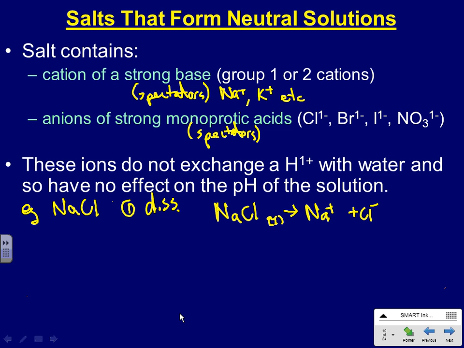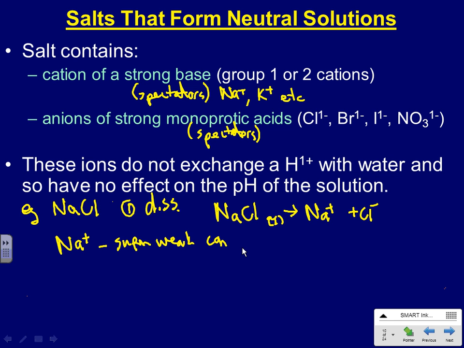Dissociation is completely different than hydrolysis. Dissociation is just the ions falling apart. Hydrolysis is, do the ions react with water? So now that you've got your ions, let's take a look at each of those ions. Na plus. Exactly. It's a spectator. I just want to put a little more information here. This is the super weak conjugate acid because it came from a base.